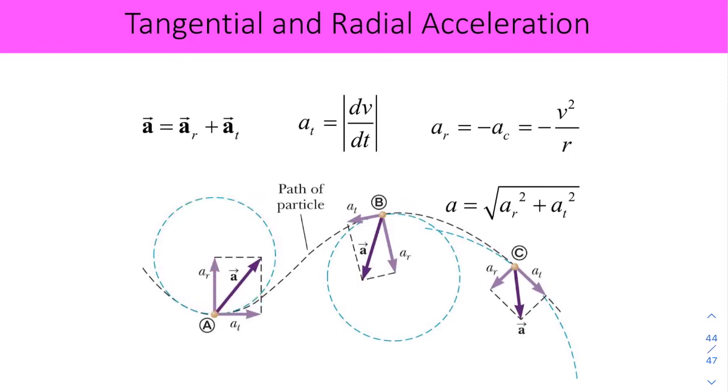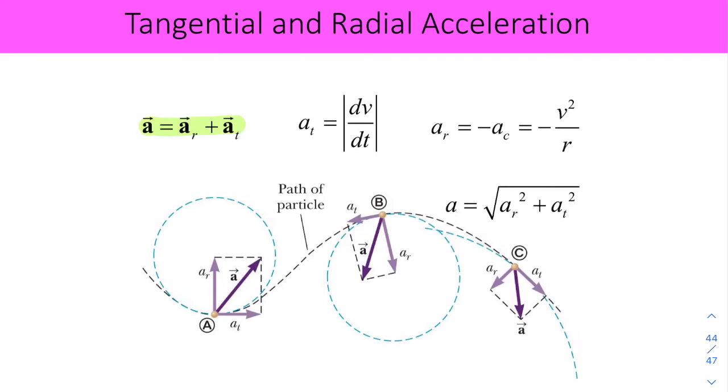This is symbolized as a_r, standing for radial acceleration, and here is a_t, standing for tangential acceleration. At any instant, the object experiences a as the resultant, a combination of a_t and a_r as written here.